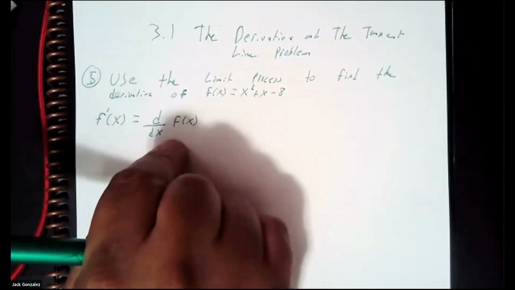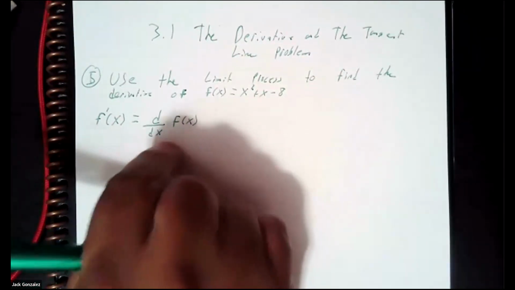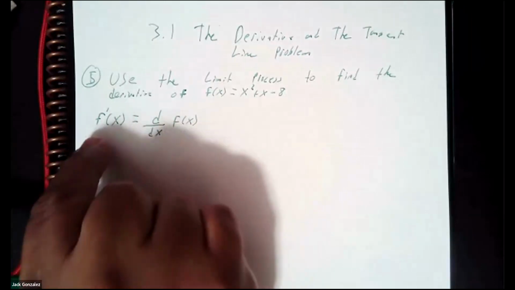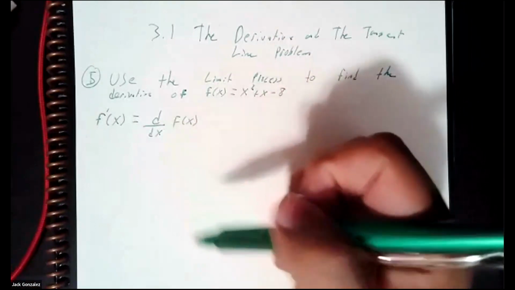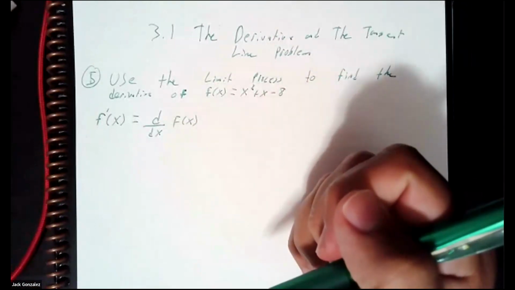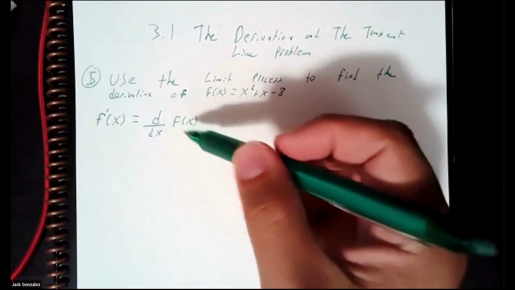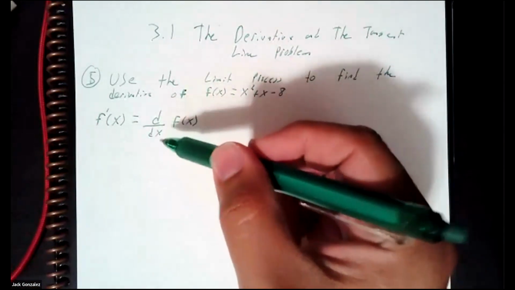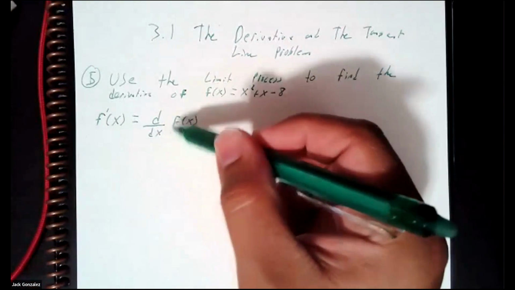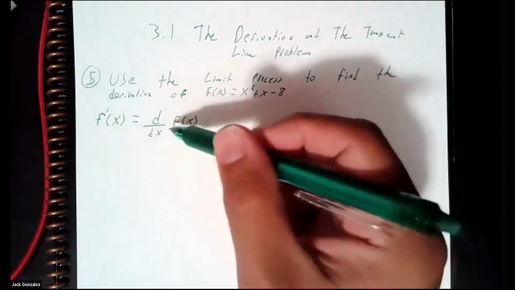Once you start going deeper into engineering and math, you kind of want to stick to this. The prime is fine, but when you have a more complex problem with multiple variables, then you want to know what variable you are taking the derivative with respect to.